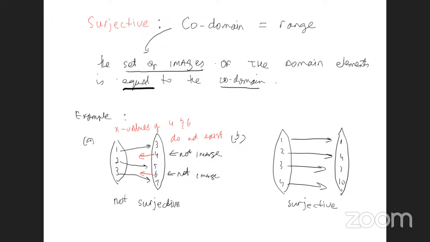All right, and last definition before we try a past paper. Bijective. Bijective is both injective and surjective.